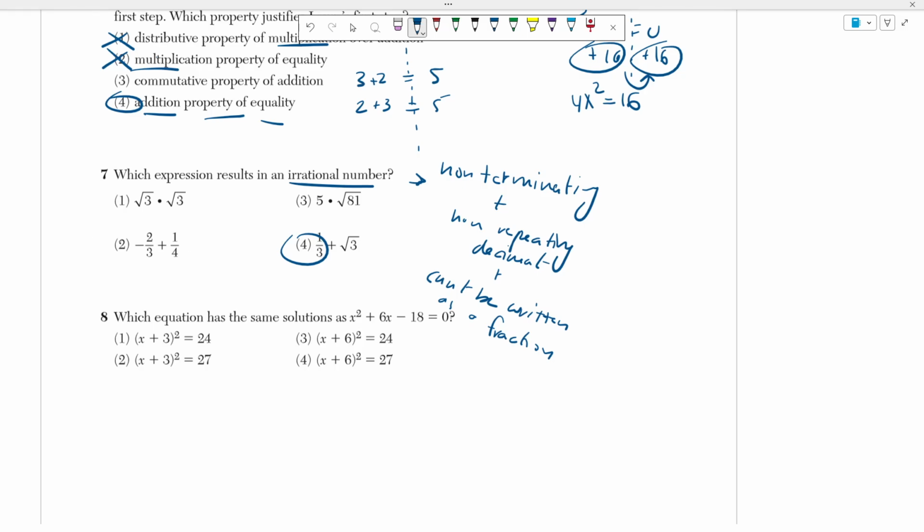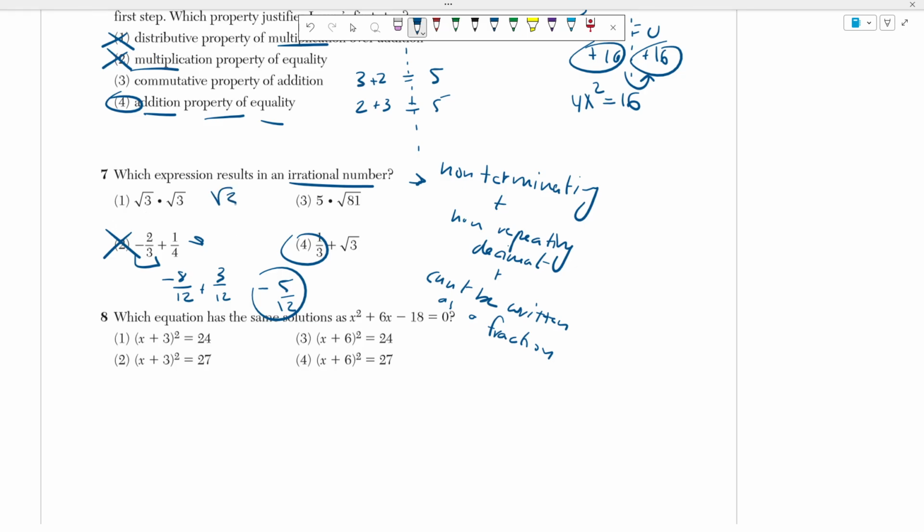So in this case, choice 2 is automatically out because you can do negative 2/3 plus 1/4 and your answer will be a fraction. That'll be negative 8 over 12 plus 3 over 12, which would be negative 5 over 12. Because this number can be written as a fraction, it's rational.